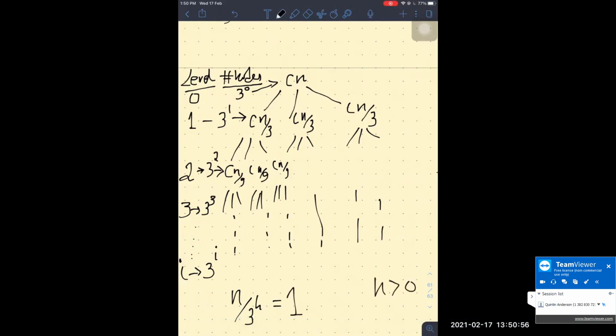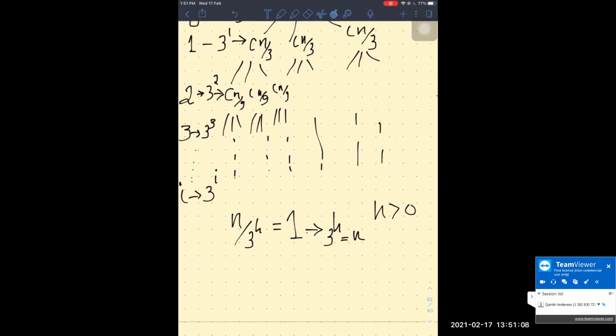So we will get from here 3 to the power h is equal to n, and then h is equal to log of n base 3. Is this part clear? How we are getting this one from that equation? This is the basic property of log. Any question regarding this one?